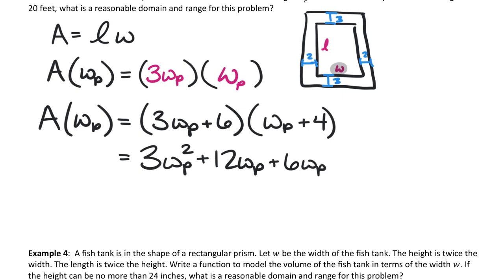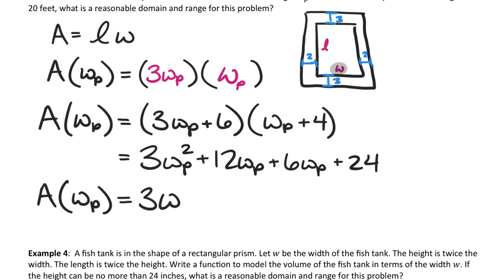Then we have 6 times 4, which is 24. When we're doing FOIL, if you've done it correctly, there is usually stuff you can combine in the center, which means that our area of the pool deck with respect to the width of the pool is 3 times the width of the pool squared plus 18 times the width of the pool plus 24.